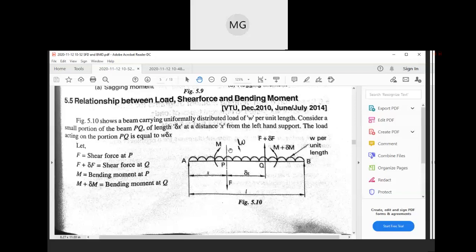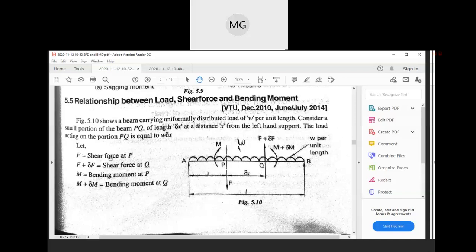For example, if you are applying a load of 1 kg per meter, for 2 meters the total magnitude is 2 kg, for 3 meters it is 3 kg. So load into distance is the total magnitude. Same here, W into dx, load into distance. This is the total magnitude of the UDL.